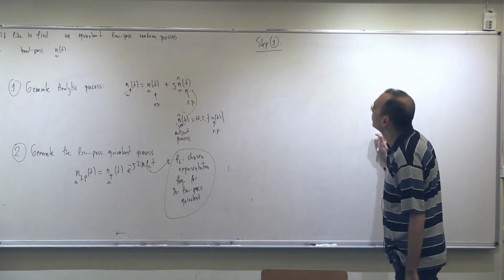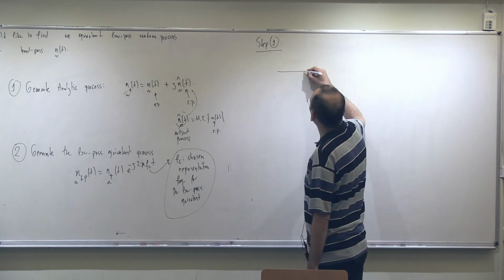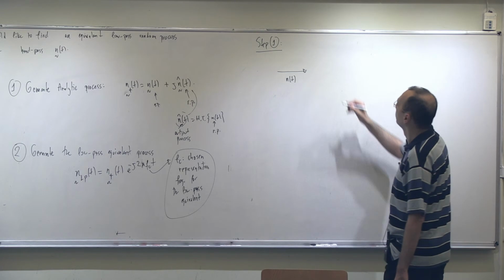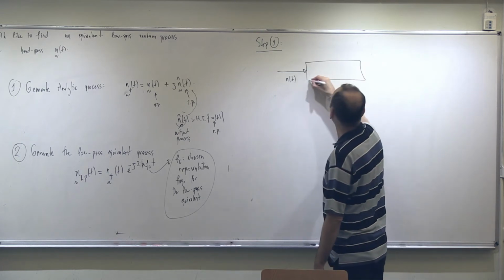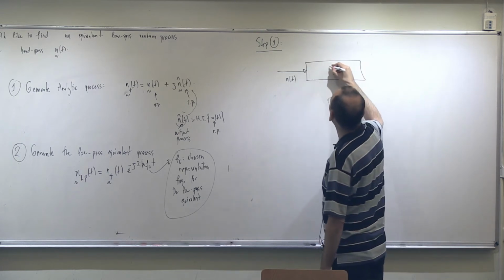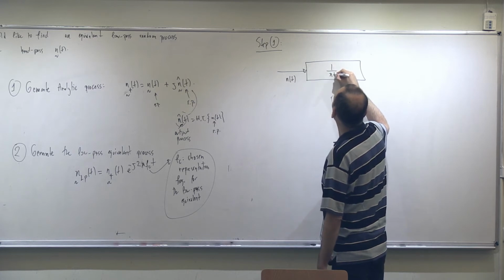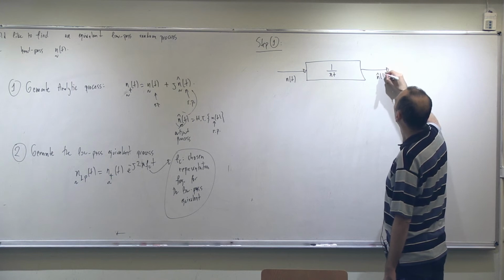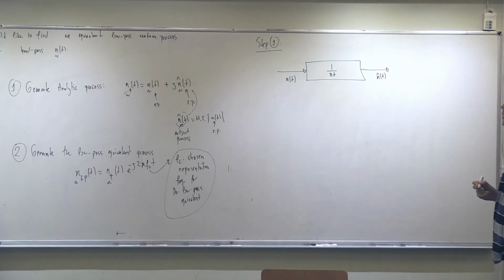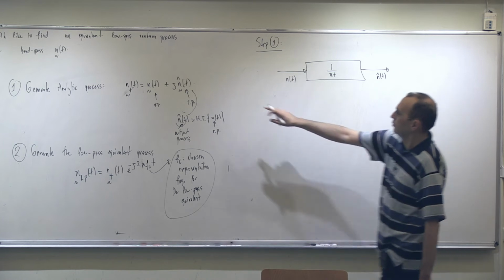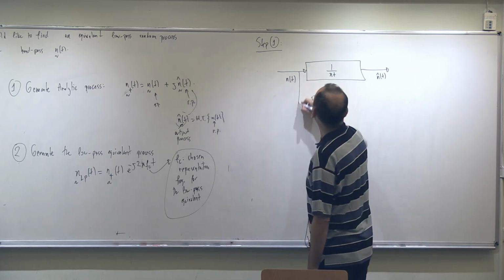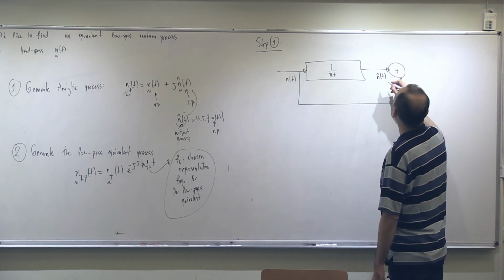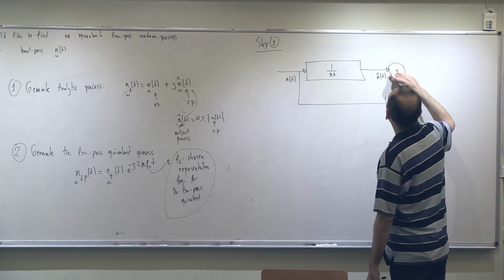On step number one, let me draw the following. If I have n of t over here, then let me sketch the Hilbert transform, 1 over pi t. Am I right? Whatever n I have, its Hilbert transform will be there. So we are over here. Then let me multiply by j at some point.